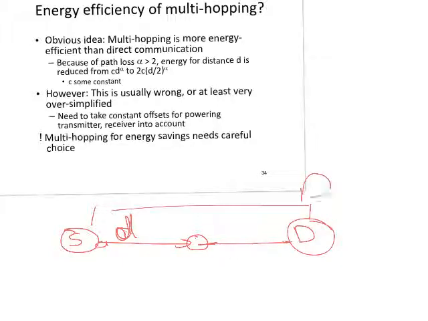This is capital D, so this is capital D minus small d. So if small d equals capital D over 2, we want to calculate the amount of energy that we saved.